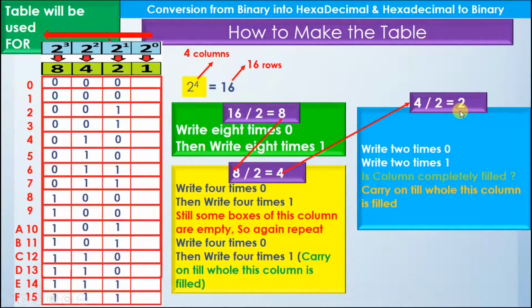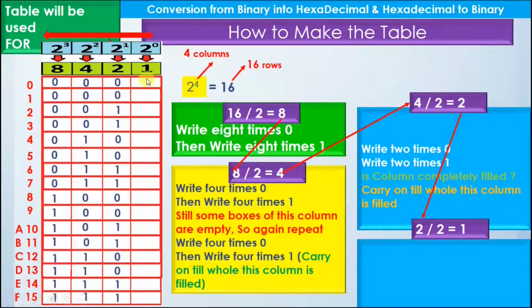So next we will take the number 2 and we will divide it by 2. So 2 divided by 2 is equal to 1. So now we have 1 here. So in order to fill this column, we will write 1 times 0. So 1 zero comes here and again write 1 times 1. So 1 one comes here. Is the column completely filled? No, the column is not completely filled.